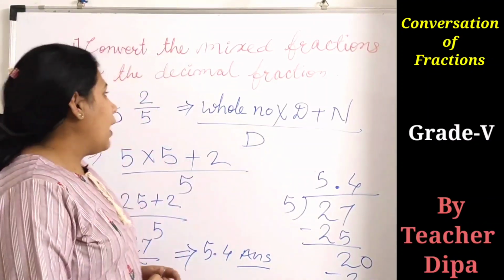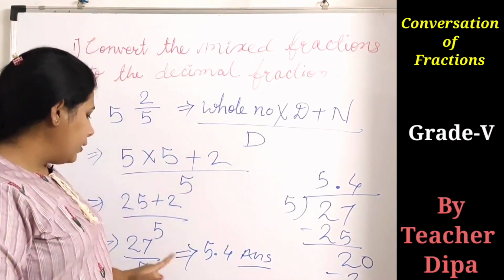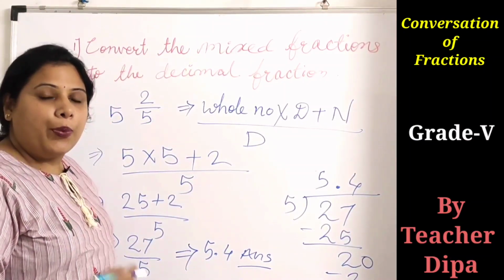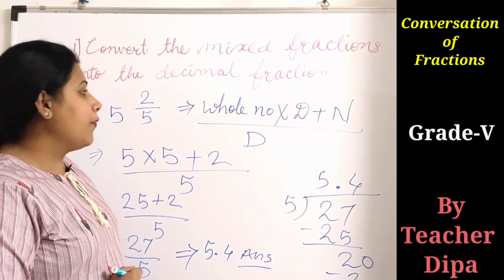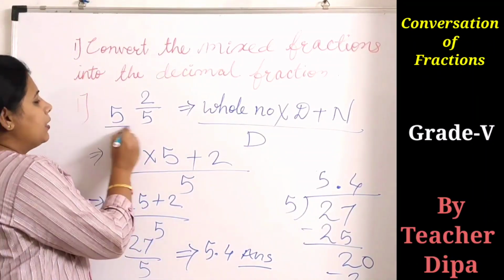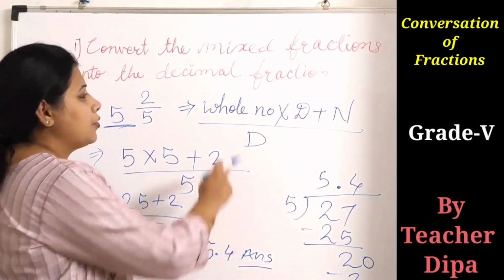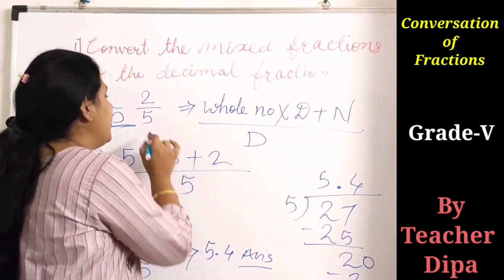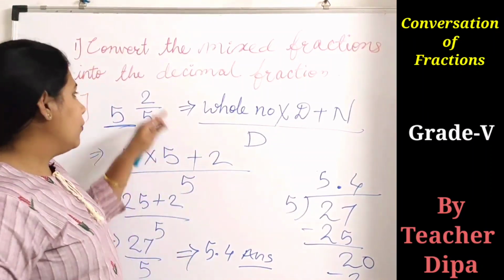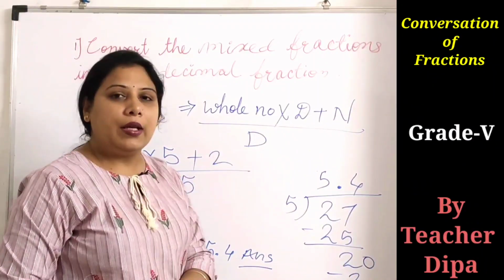See, what I am doing here, for the mixed fraction, I am converting that into the improper fraction. The improper fraction needs this formula. First of all, we have to see the whole number which is given, that is 5. So 5 is multiplied by the denominator, and we have to add the numerator in that, and the denominator will be as it is.